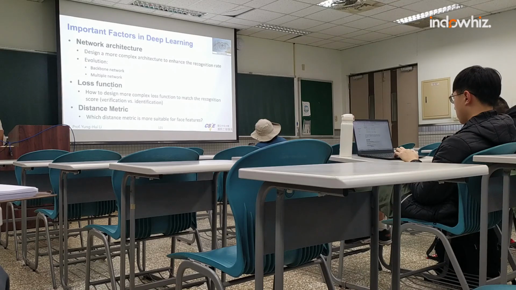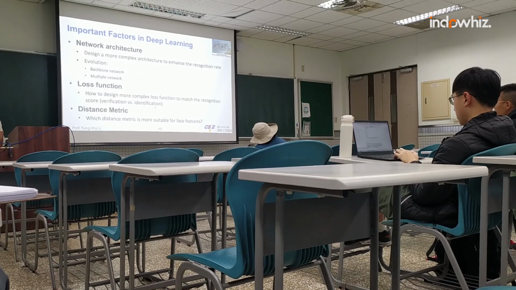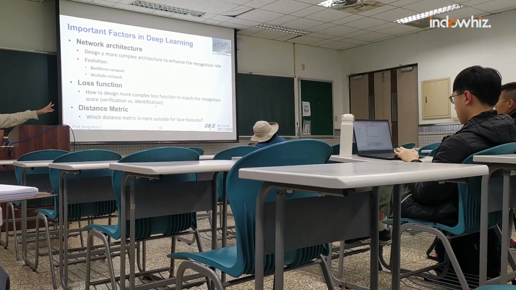Okay, and the second important thing is loss function. How do you design more complex loss functions to match the recognition score, like verification score or identification score? Remember, we said that in face recognition, these are two important tasks we are dealing with, right?